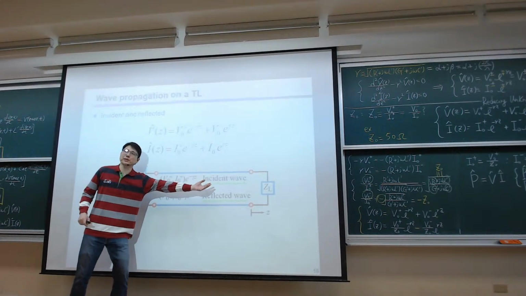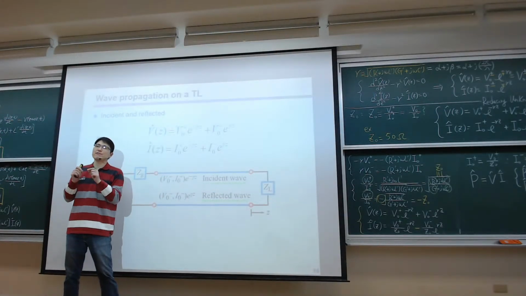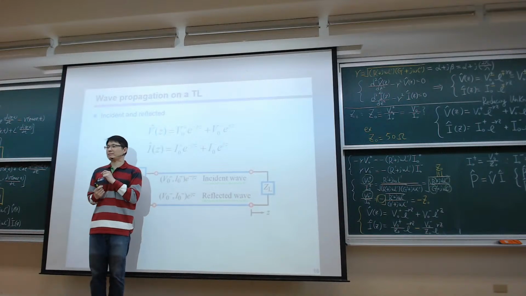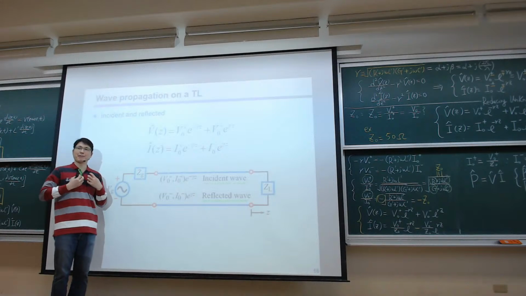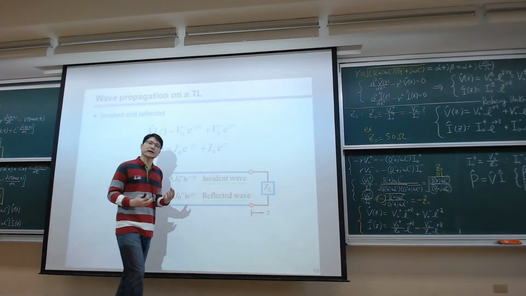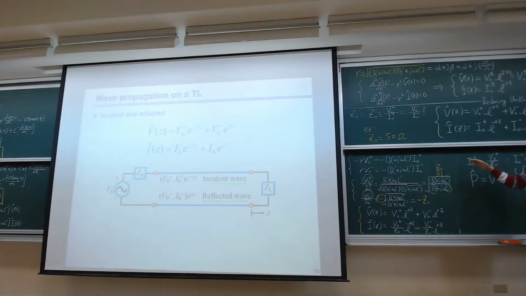So the power returned by the user to the generator through the transmission line in the form of a reflected wave must have a V times I having a negative value. So the power returned or the power gained by the generator must have a negative sign. Okay. So this is all taken care of in our derivation. So this is a completely valid result.